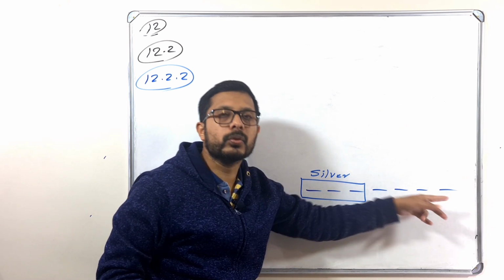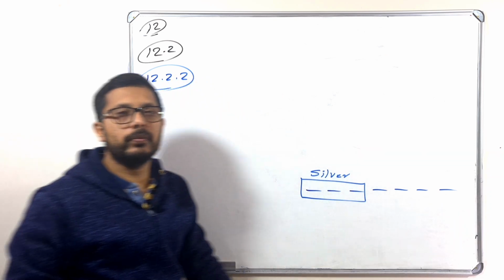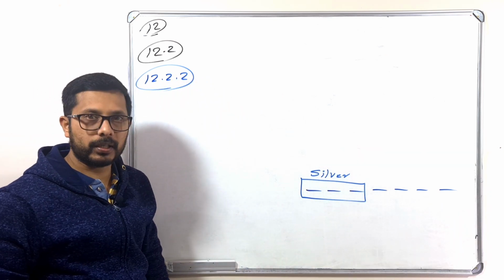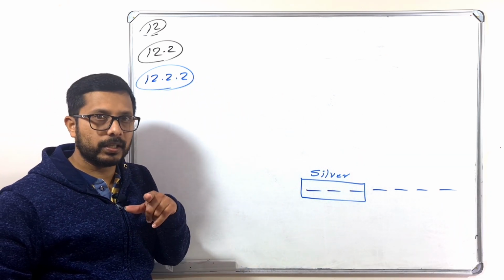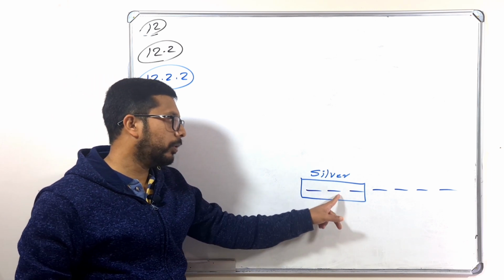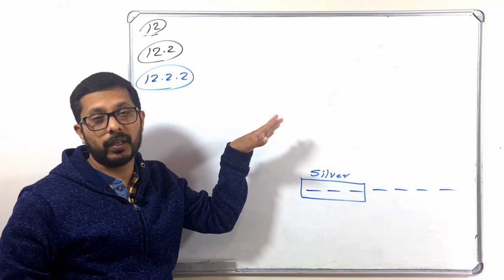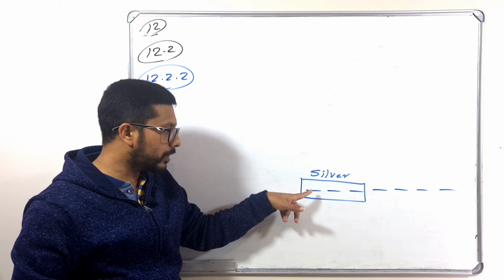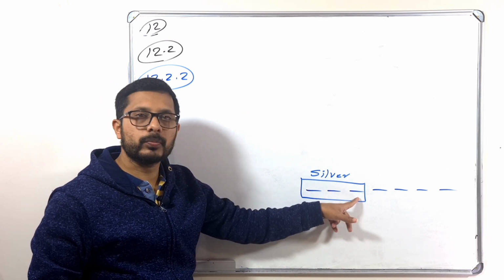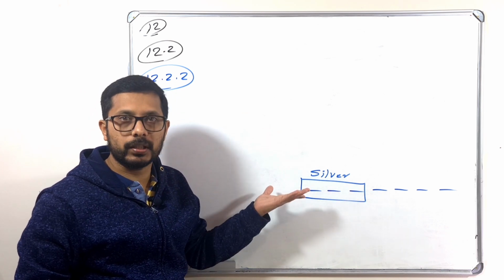You understand? So like that, how many different ways can you park? What is the condition? Only these 3 silver cars. In the previous question there were no conditions, but in this question there is a condition: these 3 silver cars must be together, next to each other.